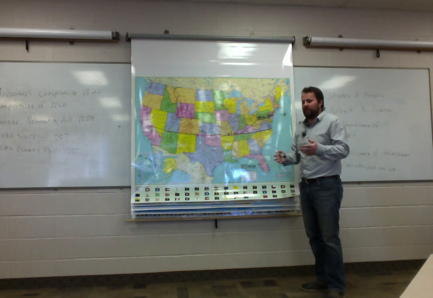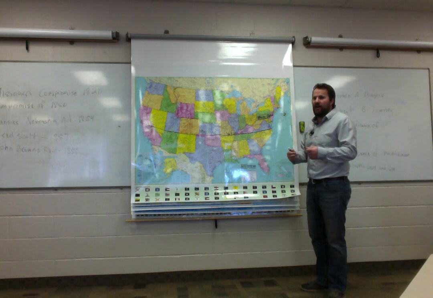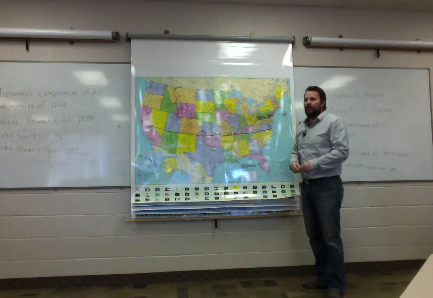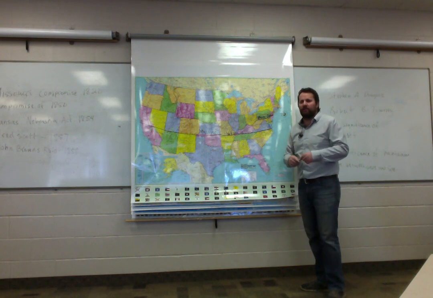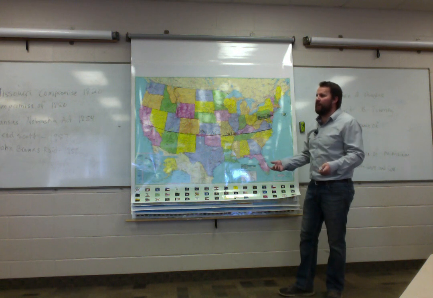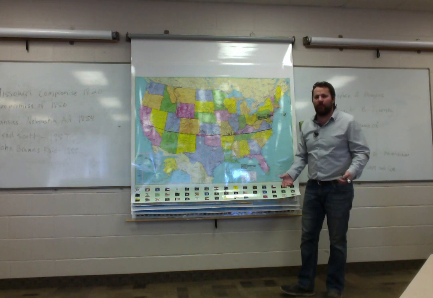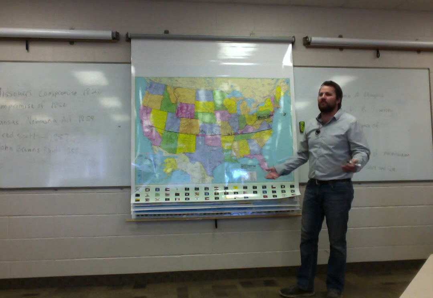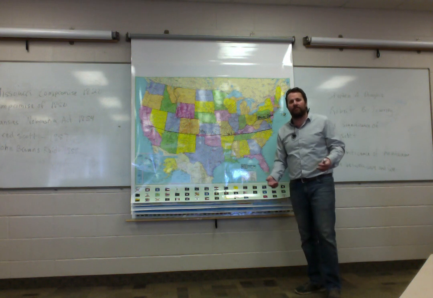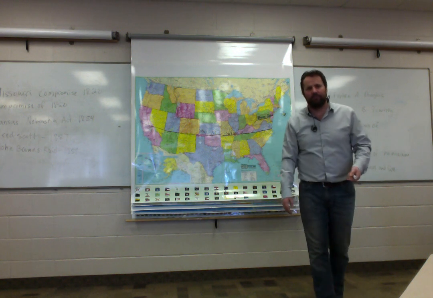A bureaucracy is basically just a bunch of organizations to maintain or to make something happen. For instance, the IRS is part of a bureaucracy. Why? Because there are thousands of employees employed by the IRS to make sure that you pay your taxes.